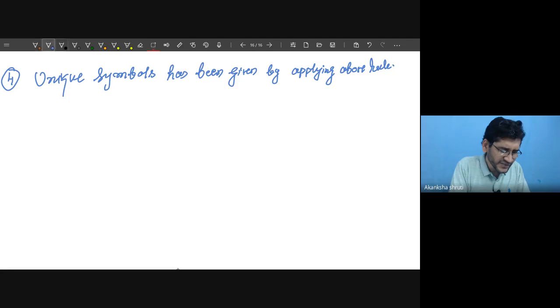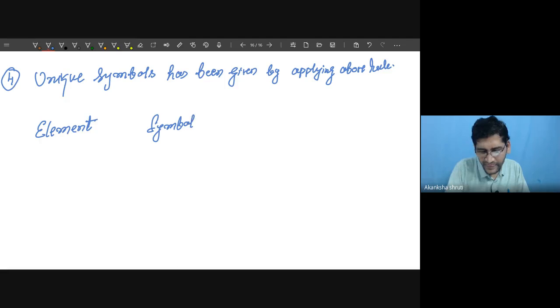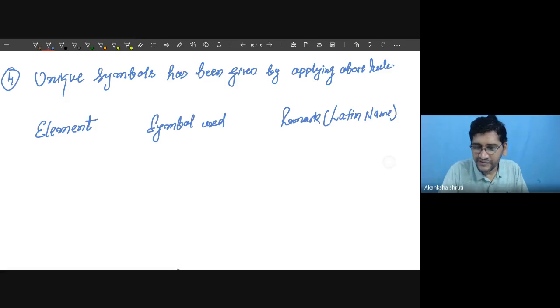Students, let me write the element, what symbol is used, and some remarks. That means if the symbol is varying, then their Latin name. Okay, so many a time the Latin name is also asked.